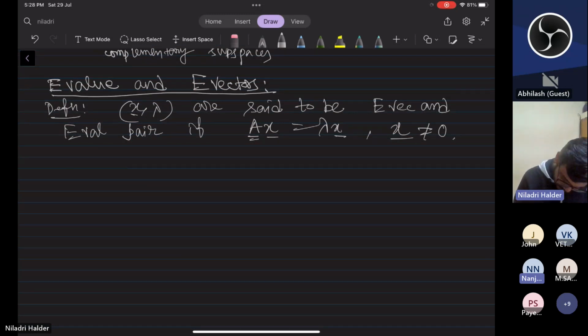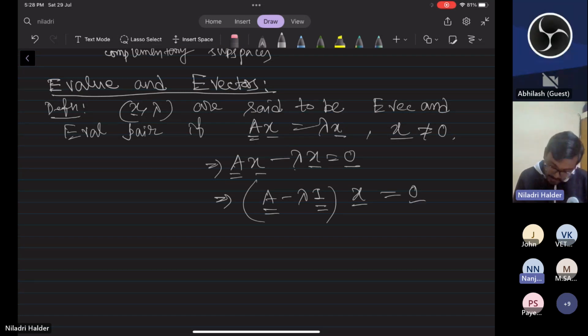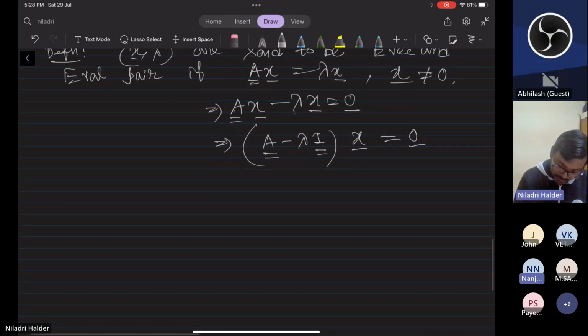So Ax minus lambda x equals 0. With I the identity matrix, we can write A minus lambda I, times x, the vector, equals 0. Suppose this is a B matrix.